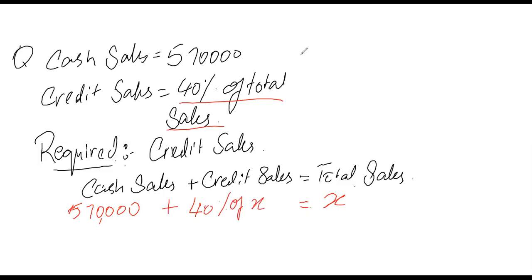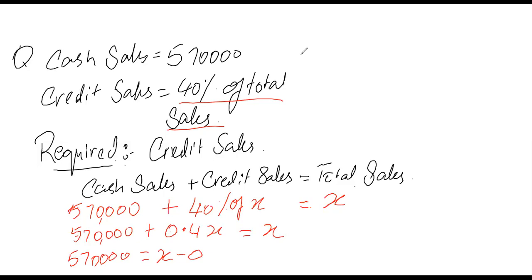Let me simplify this formula. 5,70,000 plus, if I simplify 40%, this means 0.4X is equal to X. Let me simplify it further. 5,70,000. If I transfer this positive 0.4X to the other side of equal to, the positive sign will be converted into the opposite sign, that is the negative sign. 5,70,000 is equal to X minus 0.4X. And if there is nothing with X, the mathematical notation states that X is considered to be 1.